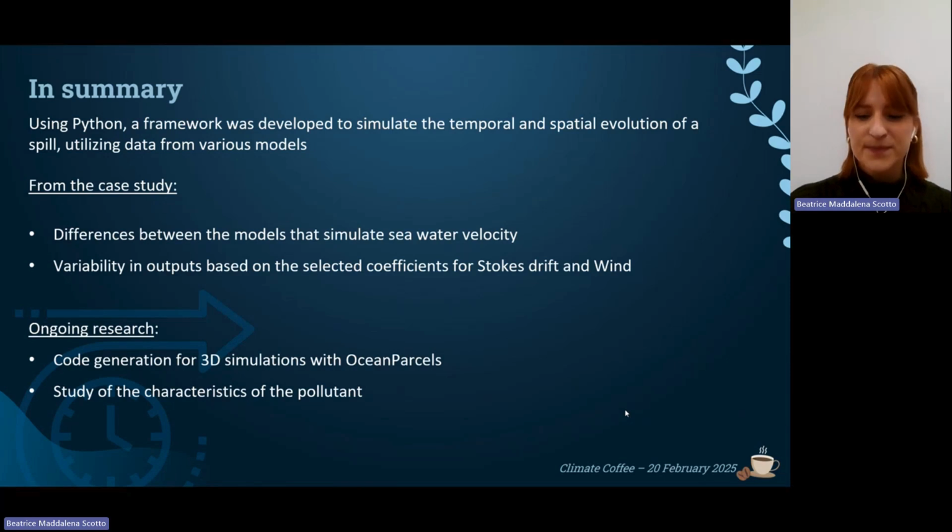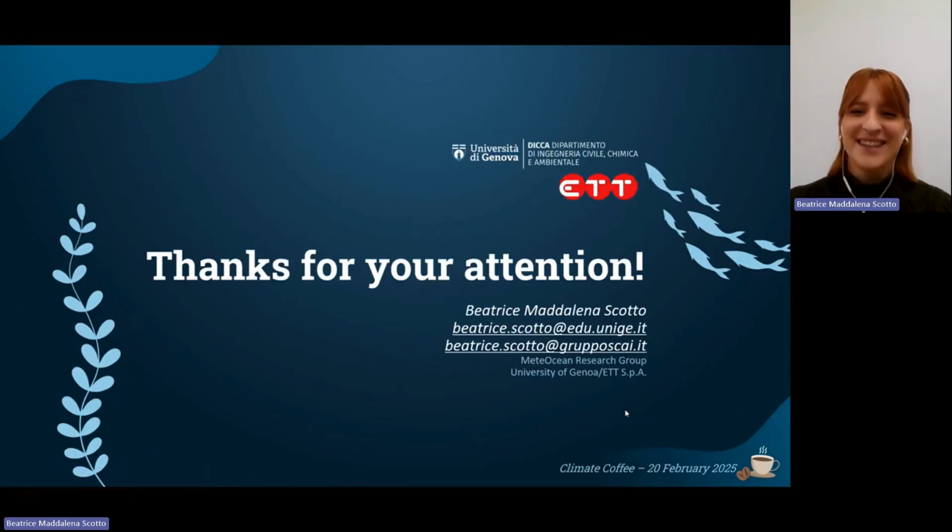We also have a variability in output by choosing the Stokes drift and wind, of course. And the ongoing research for the next year is going to be improving the simulation in 3D with OceanParcels, and also studying the characteristics of oil spills. And yeah, that's it.